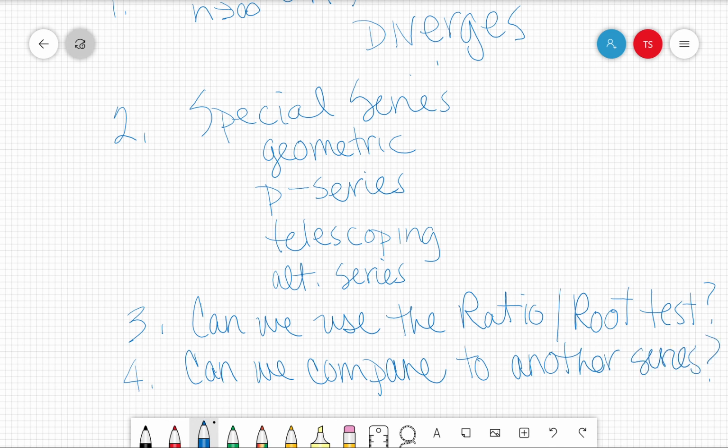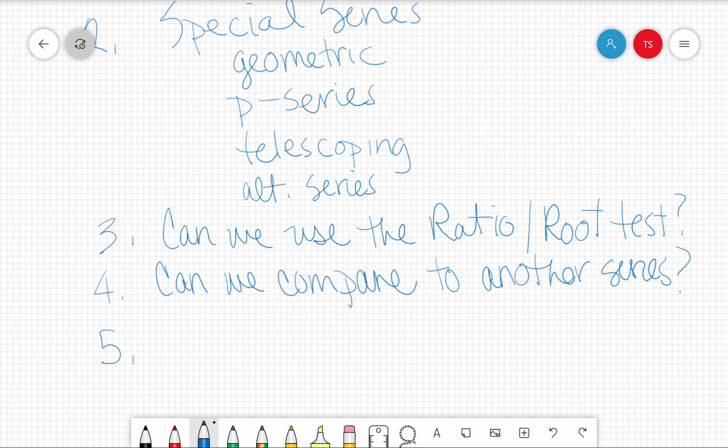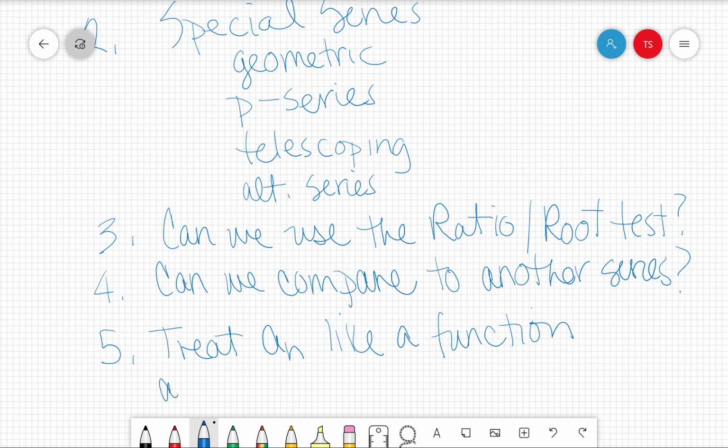So can we use limit comparison or direct? If all that fails, treat a sub n like a function and use the integral test. And that's going to be your general strategy for testing series.